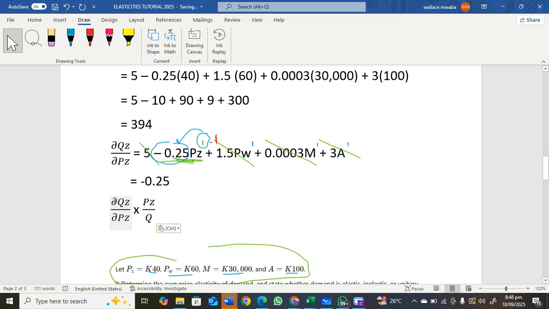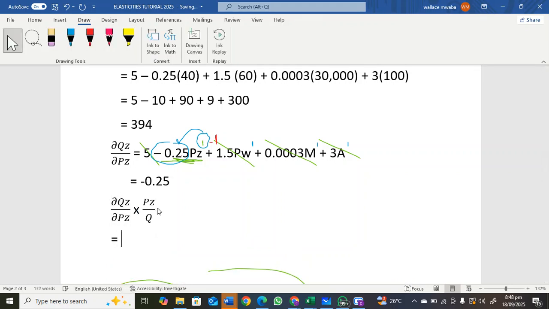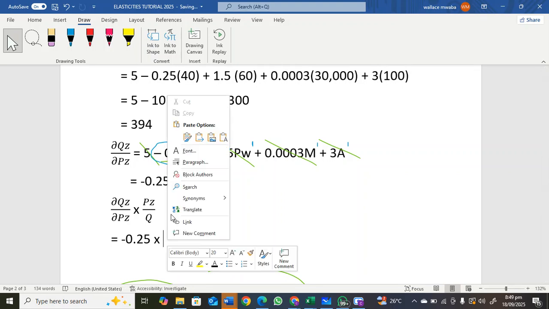Yes. So here, we are going to replace this with negative 0.25 multiplied by PZ, which is 40 over 3, and Q, quantity demanded, is 394 units.